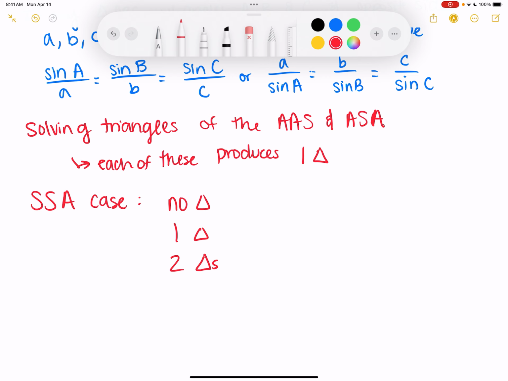Two triangles is where it gets a little bit more difficult. I don't often put a two triangle problem where you have to solve it on a quiz or a test because it takes so long. But sometimes you just have to tell me, based on the information given, which one you have. And we're getting ready to go over how we would determine how many we have here.